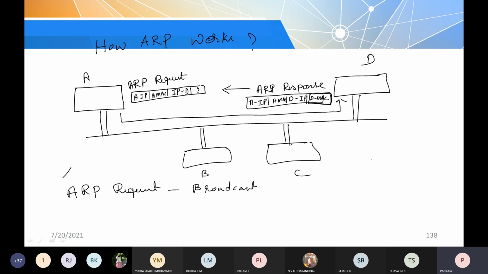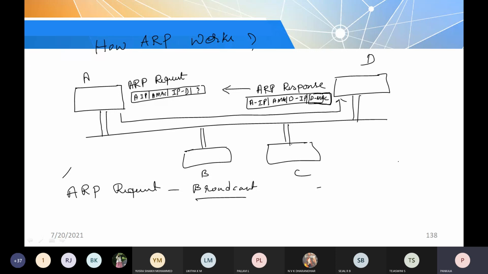Example: consider it as a physical class, and I come to your classroom. I may just ask, who is Sumit in your class? That is broadcast, I am asking everyone. That is called a broadcast message.